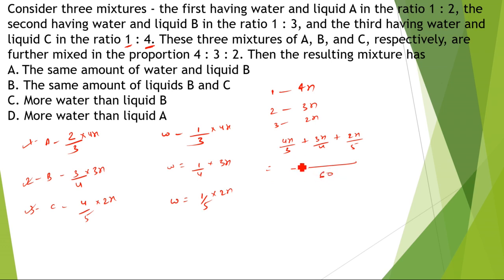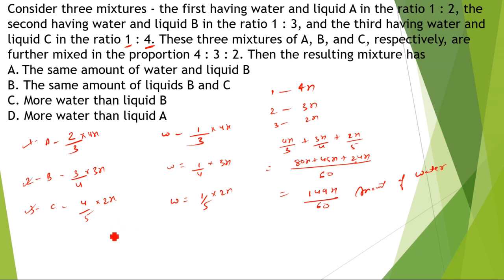So 80x plus 45x plus 24x, so 80, 125, 149. 149x by 60 is the amount of water present in the mixture 1, 2, 3. After mixing mixture 1, 2, 3, the amount of water will be 149x by 60.